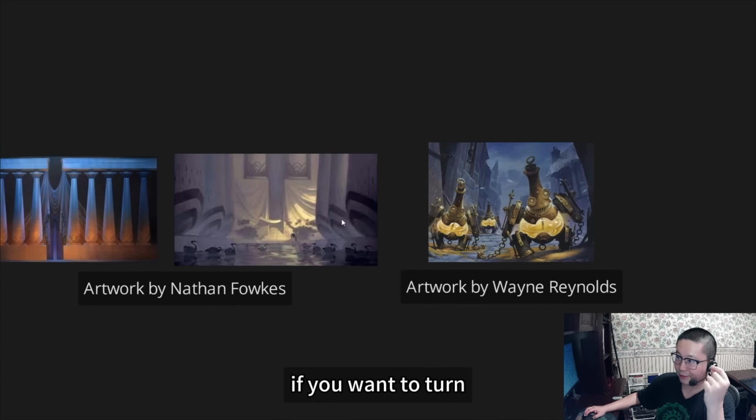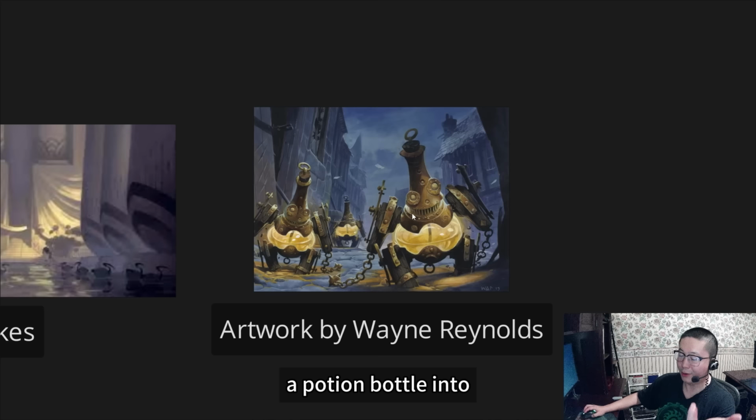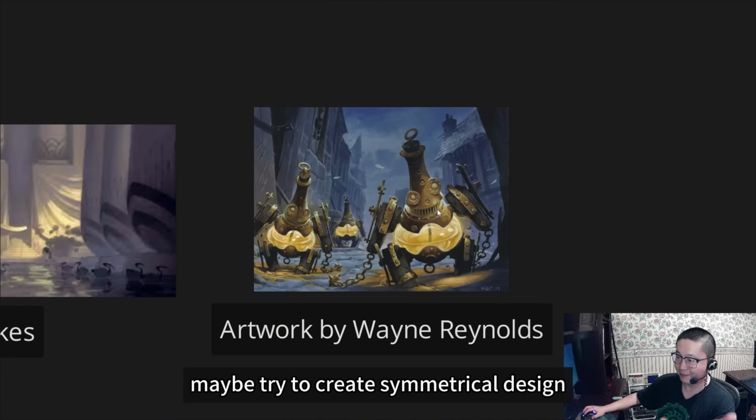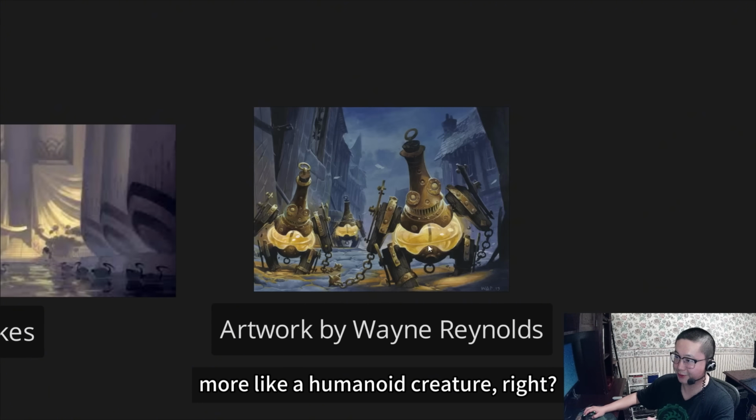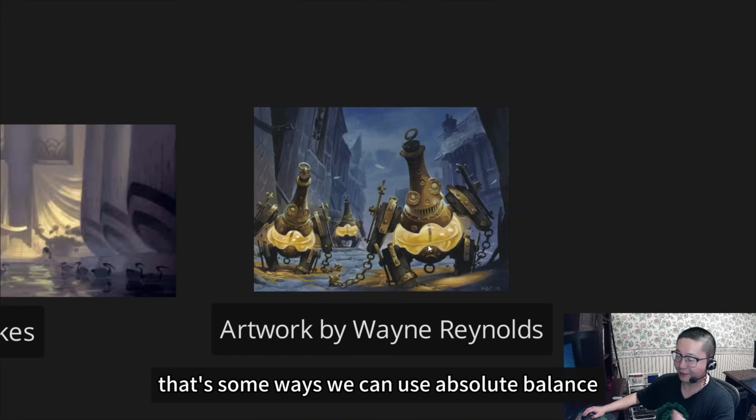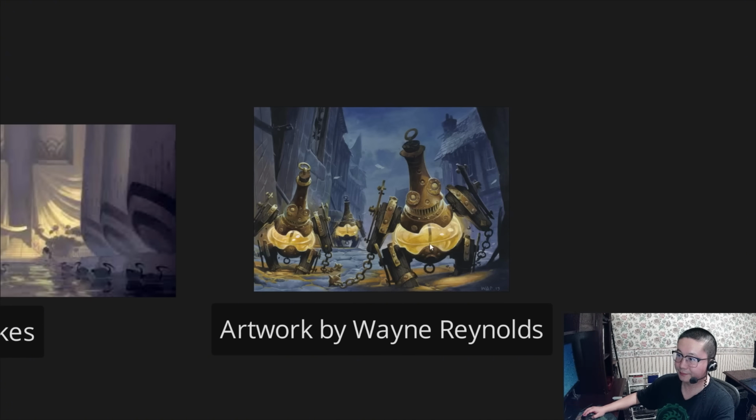And if you want to turn a potion bottle into a human-like creature, maybe try to create a symmetrical design so that it starts to feel more relatable, more like a humanoid creature, right? That's some ways we can use absolute balance.